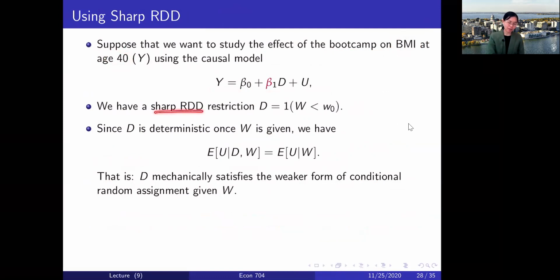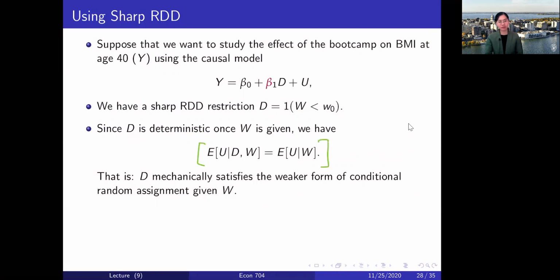Because we have a sharp RDD, D is completely determined by W, so D is 1 if W is less than this threshold, and D equals 0 if W is greater than or equal to this threshold. Because D is deterministic, once W is given, we have E[U|D,W] equals E[U|W]. Now, this is key. This is very important.